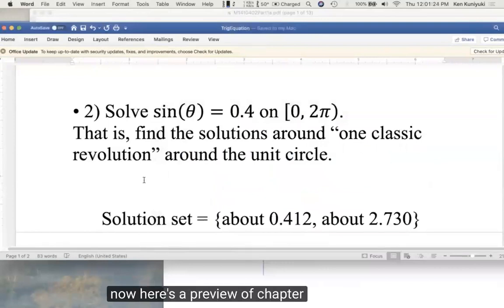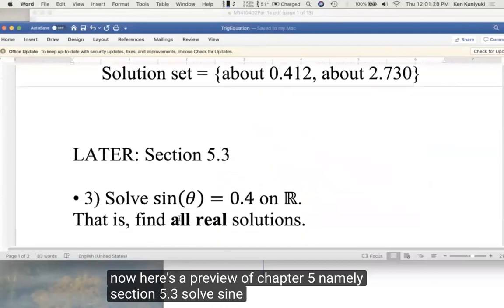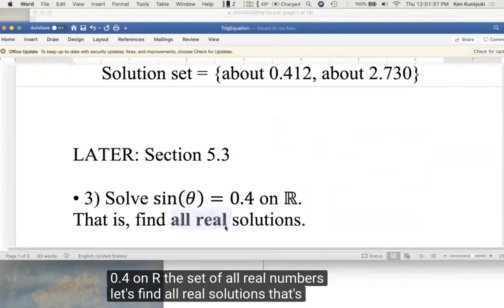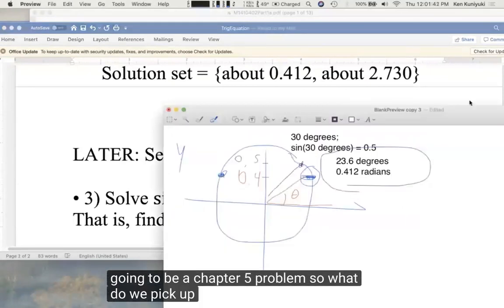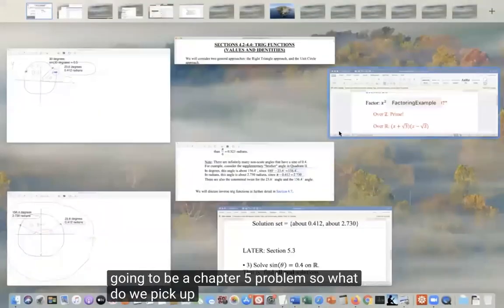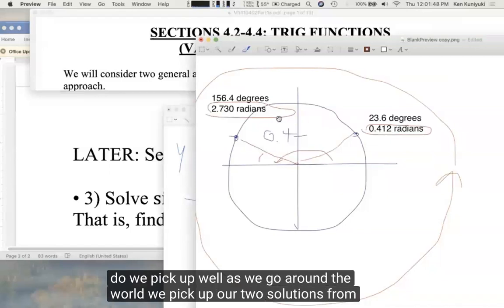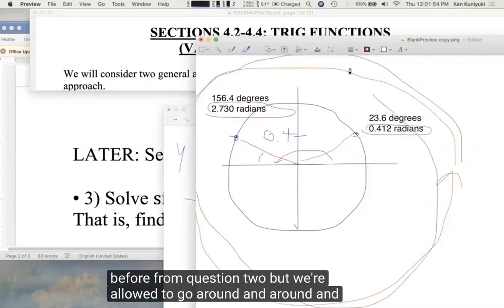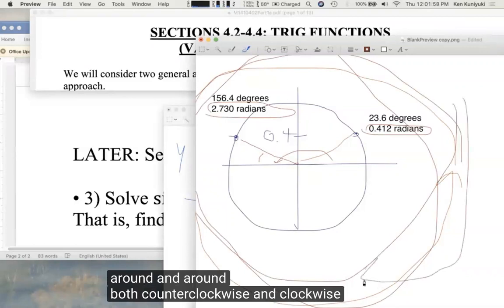Now here's a preview of chapter 5, namely section 5.3. Solve sine of theta equals 0.4 on R, the set of all real numbers. Let's find all real solutions. That's going to be a chapter 5 problem. So what do we pick up? Well, as we go around the world, we pick up our 2 solutions from before, from question 2, but we're allowed to go around and around, both counterclockwise and clockwise.